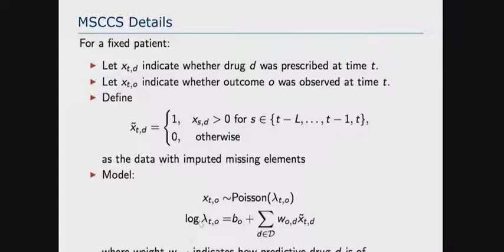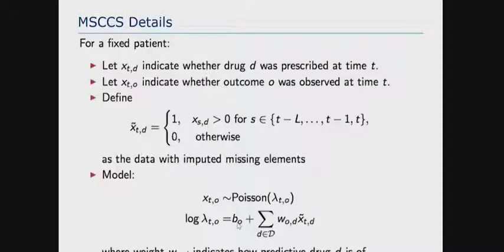And we're coming up with an intensity for the Poisson model to predict the number of occurrences in a period of time of this event, say myocardial infarction, in the patient's record based on the weights of the drugs to which they were exposed. Now, if you do this directly as I just described it, it doesn't work that great. But if you add this trick that's critical to self-controlled case series, then it works beautifully.